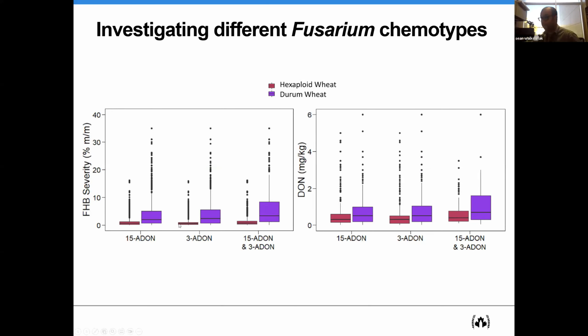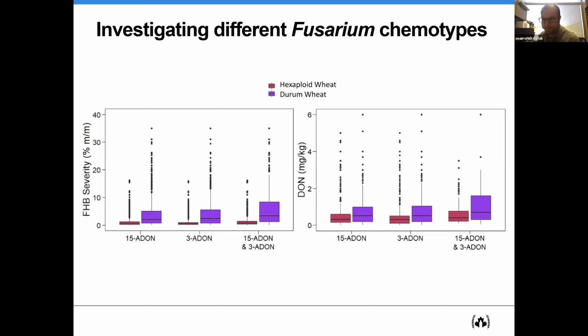So we could also look at the severity of those samples for Fusarium and the amount of DON toxin that's there. We assess every sample that goes through the harvest sample program. If it's wheat, it also gets assessed for the amount of toxins present. So this is a really well-oiled machine. We receive about 10 to 15,000 samples a year.